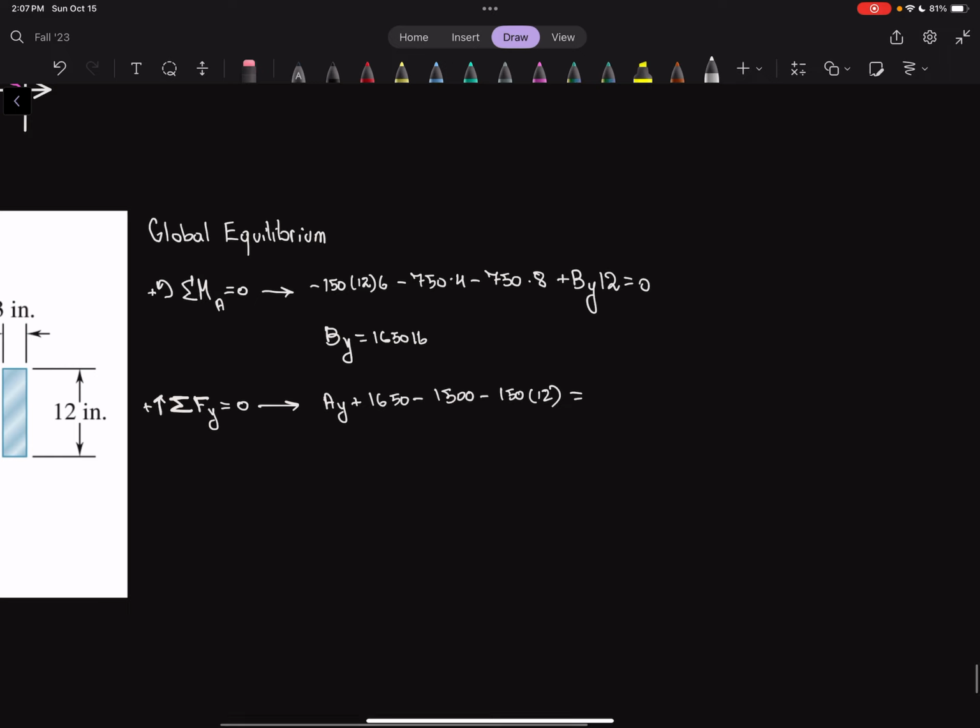What we get is 1650. So as I said, it's going to be symmetric. So we could have done that by inspection.